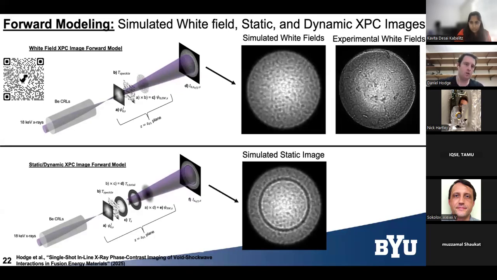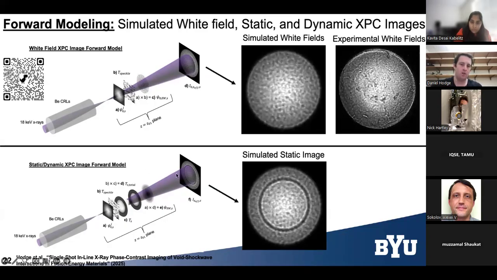Similarly, we need to do our static and dynamic X-ray phase contrast image forward model. So we still have our Gaussian beam, all in a single plane, with our speckle on the lenses. And then we need to introduce our object itself with the speckle, as denoted in D. And then in E, we have our exit surface wave, or just the complex amplitude and phase right after our object.